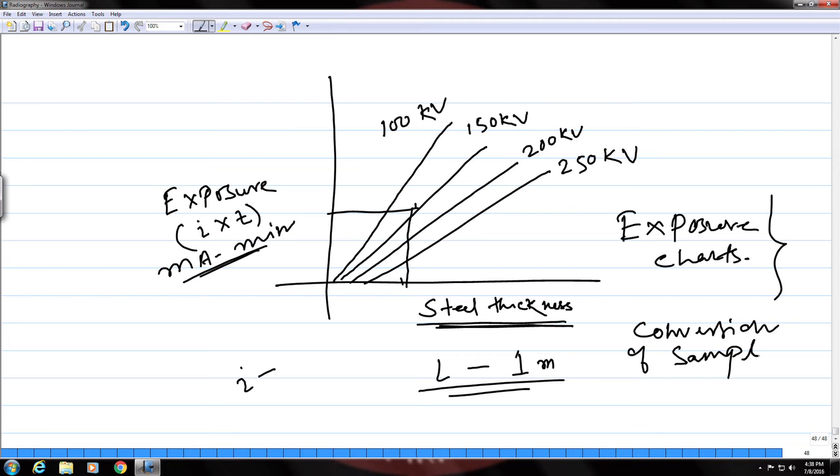So, if you have a sample made of any other material, that thickness has to be converted to an equivalent steel thickness, and then that thickness can be used for this kind of charts which are generated for steel samples. Okay.